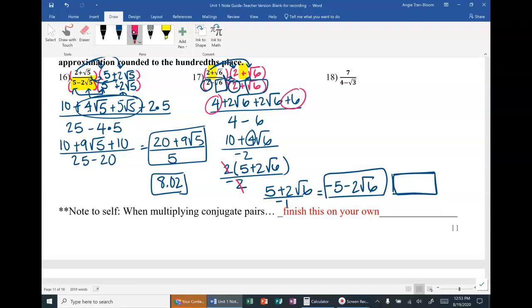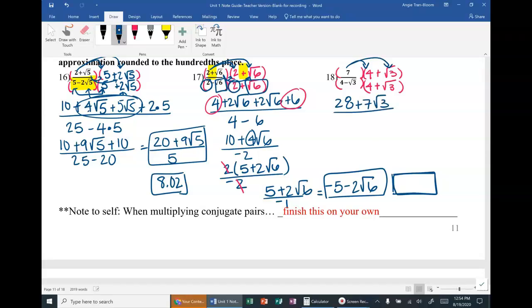One last one. Okay, look at the denominator and make sure you can identify what the conjugate is. The denominator has 4 minus radical 3. So immediately the conjugate is the same except that we're going to change it to 4 plus radical 3. Okay, so 7 times 4 and 7 times radical 3, that's going to give us 28 plus 7 rad 3.